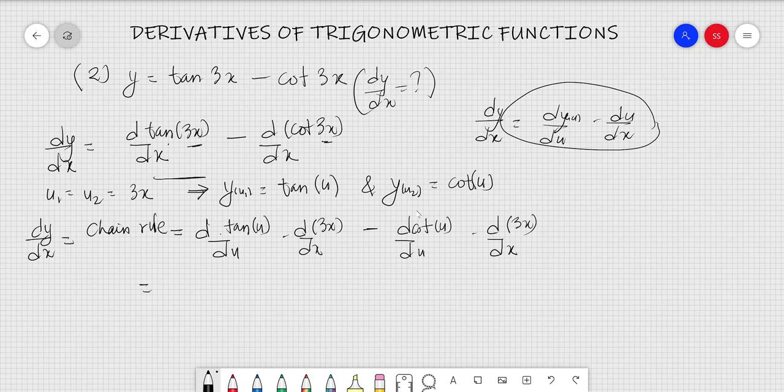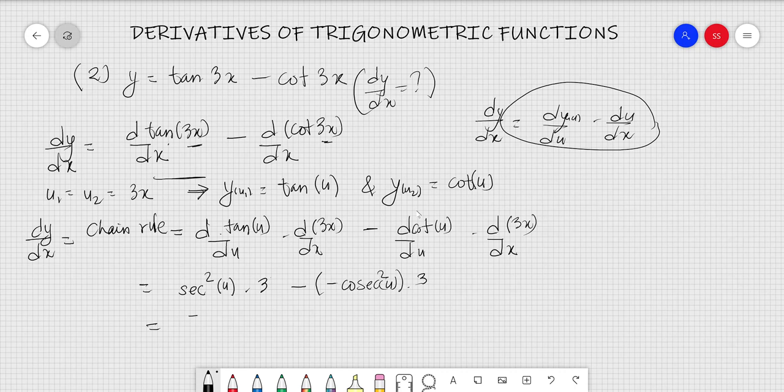which gives us the derivative of tan u, as we looked at earlier in the formula, is sec square u times the derivative of 3x, which would be 3 times x to the power 1 minus 1, which would be 0, so it would only be 3, minus the derivative of cot u, which would be minus cosec square u, times the derivative of 3x, which is 3.